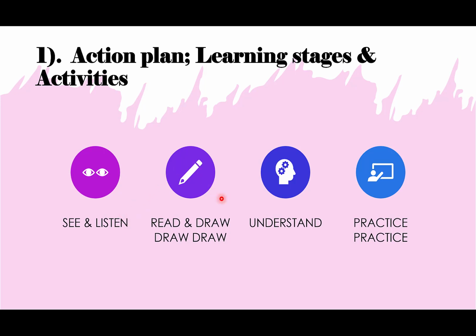And then in the lecture, definitely you have to read and draw, and that has to be done properly at the lecture and in the lab, right? And then after the lecture and the lab, you go home the same night and try to understand what you learned that day. So it's 20 or 30 minutes you have to spend. That has to be done.